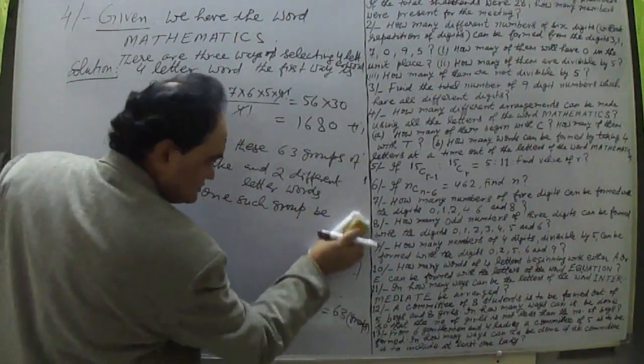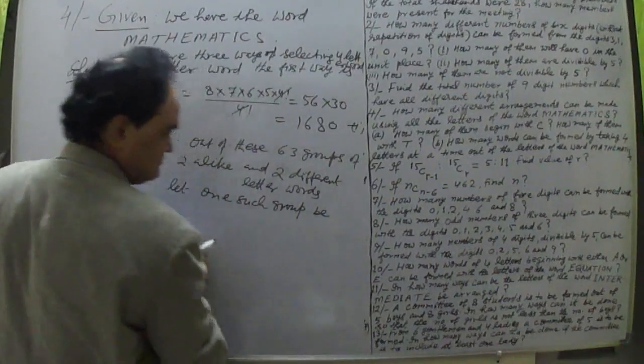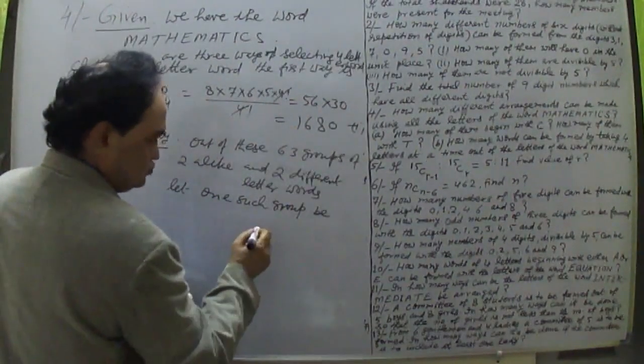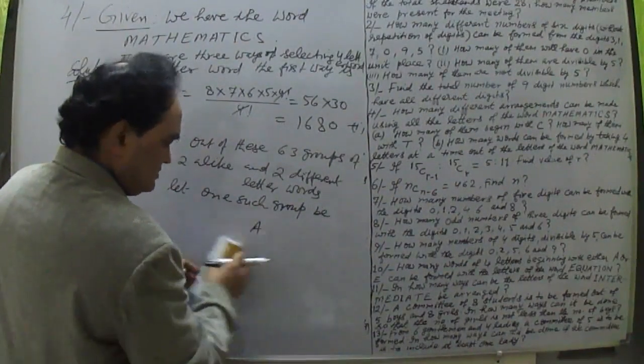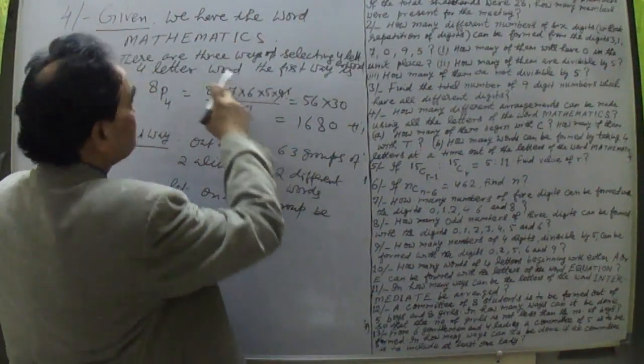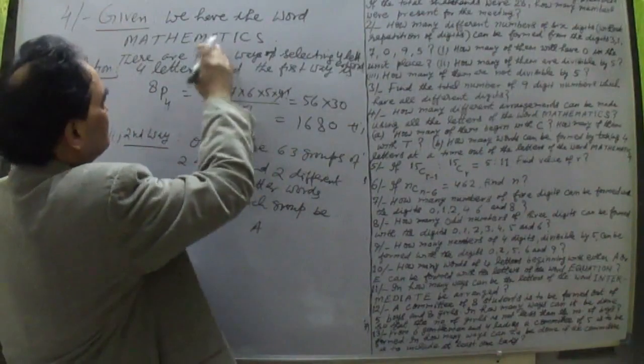Let me take that one such group out of 63 groups is, now two similar letters, suppose A and A, and two other letters, any can be taken.